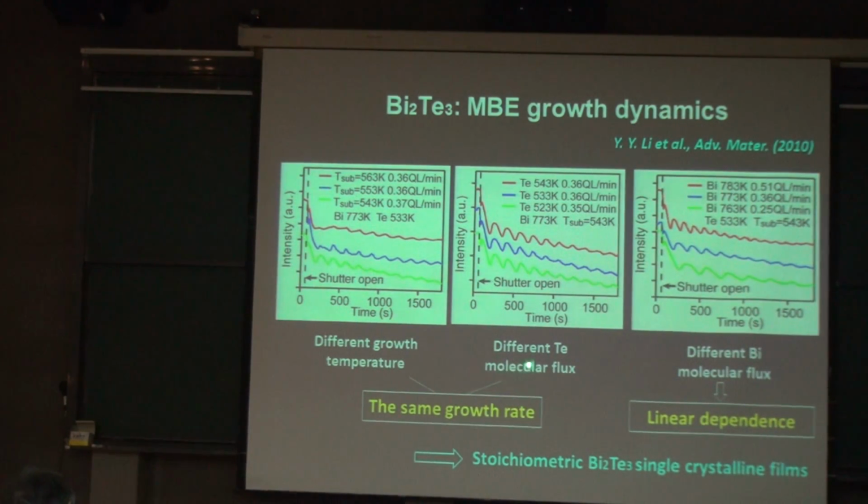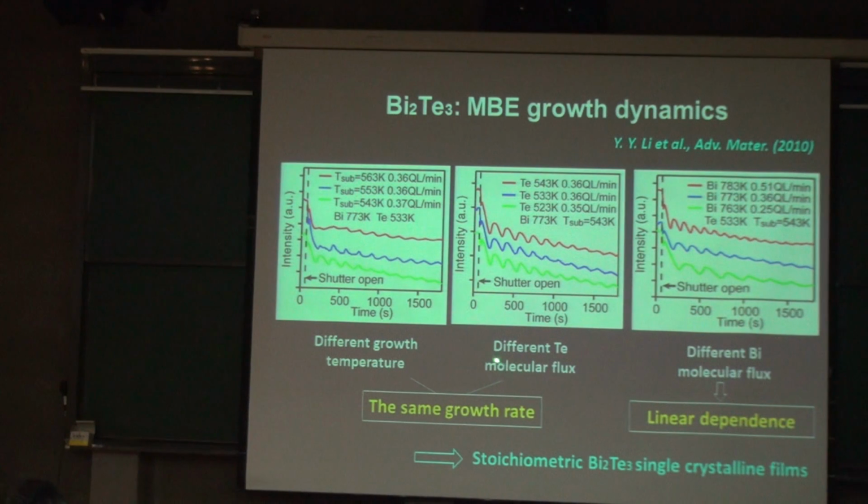The second experiment is we fix the flux of bismuth, also the substrate temperature, and only change the flux of the tellurium, from 523 Kelvin to 543. In this case, the vapor pressure changes dramatically because you change the temperature, as I mentioned in the vapor pressure versus temperature, so the tellurium flux will change dramatically.